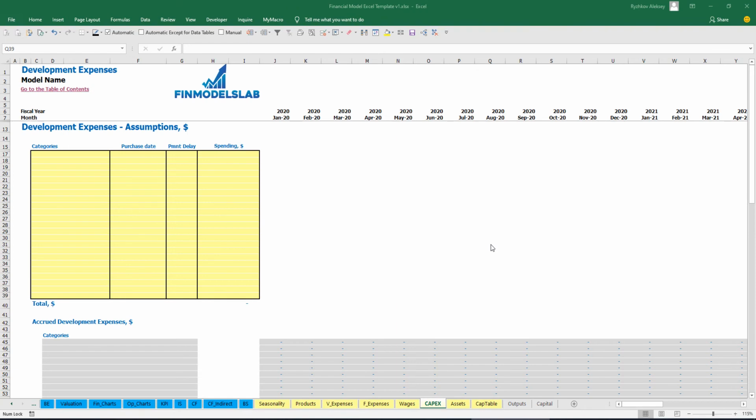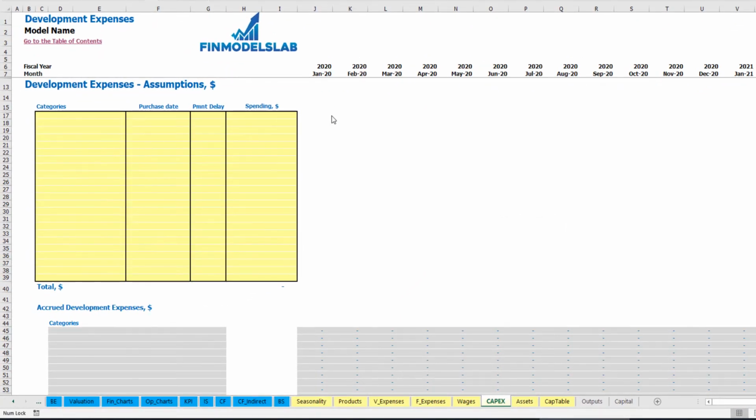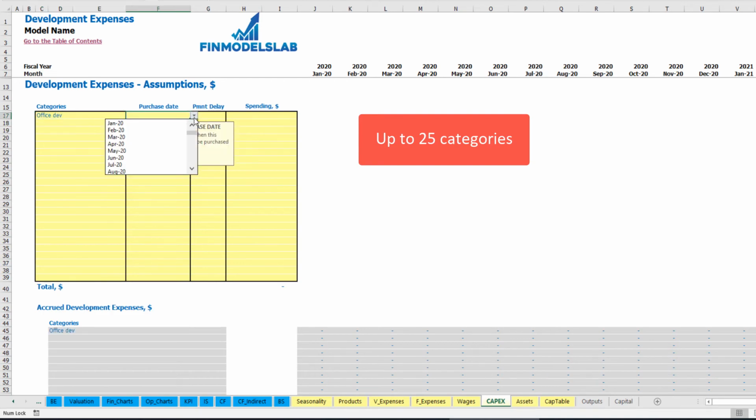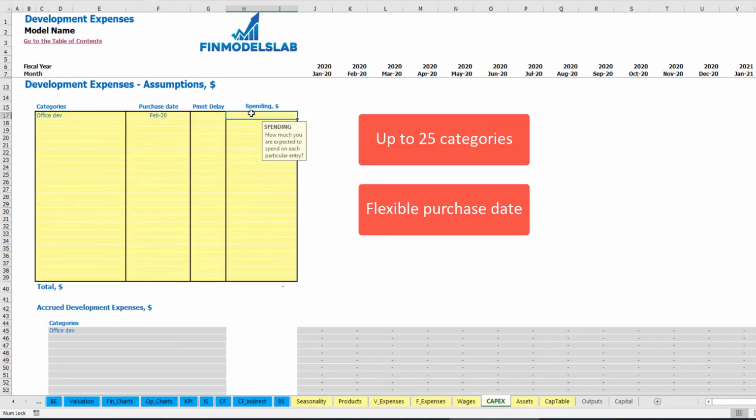On the CapEx tab, you may input up to 20 development expenses categories. Let me give you a couple of examples. So, for example, office development with a purchase date of February 20, with spending of $10,000. And you also can input payment delay.